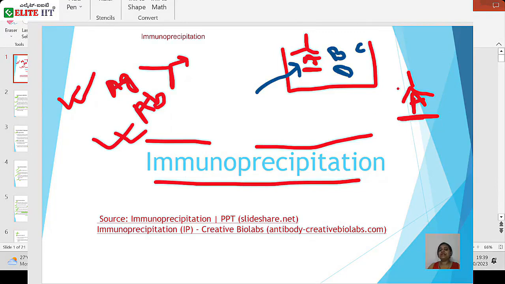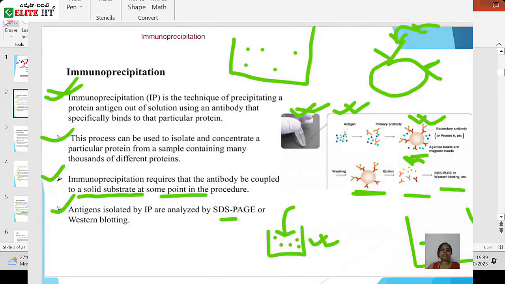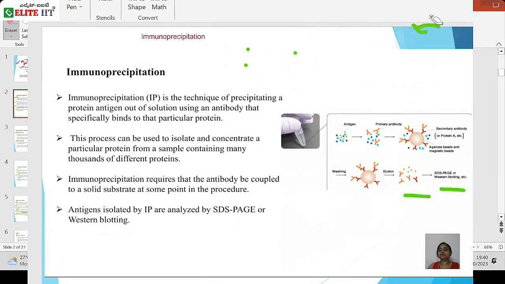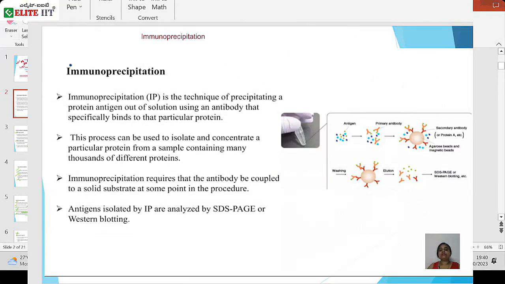That means the antigen binds with a specific antibody. First of all, let's see the definition of immunoprecipitation. Immunoprecipitation is the technique of precipitating a protein antigen out of solution using an antibody that specifically binds to that particular protein.